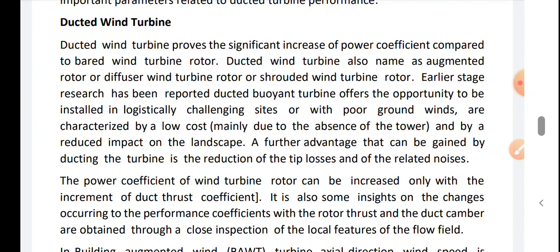The power coefficient of wind turbine rotor can be increased only with the increment of duct thrust coefficient. Some insight on the changes occurring to the performance coefficient with the rotor thrust and the duct chamber are obtained through a close inspection of the local features of the flow field.